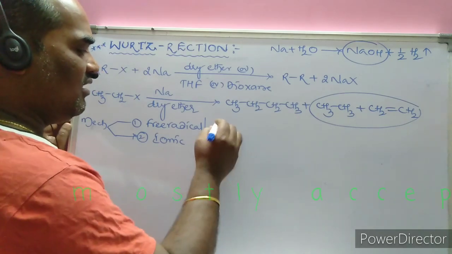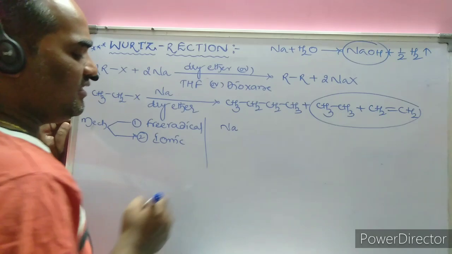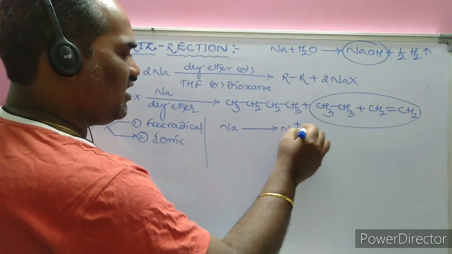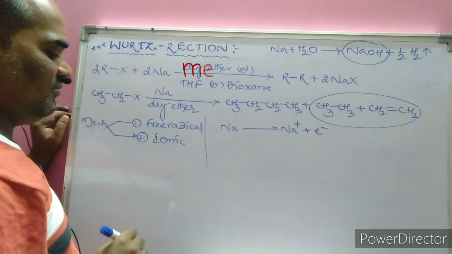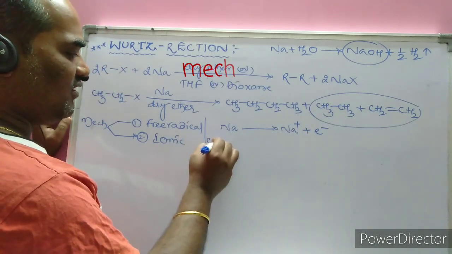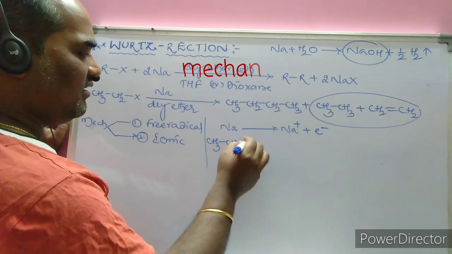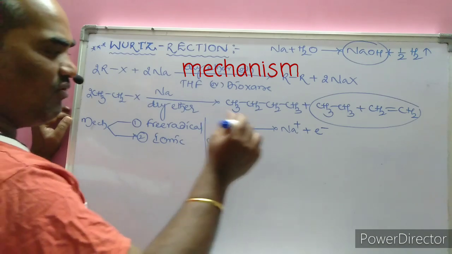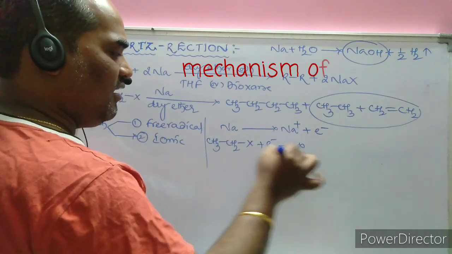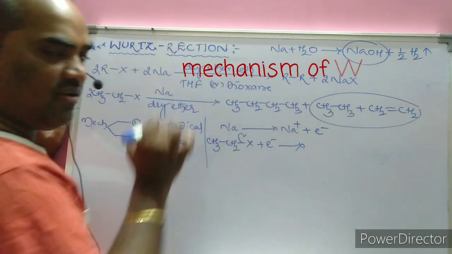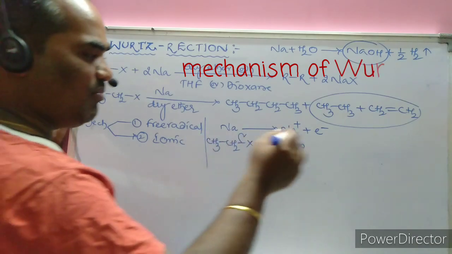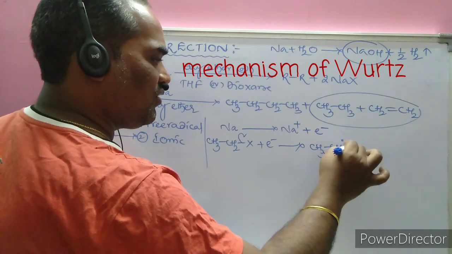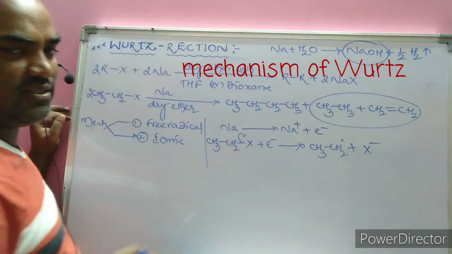As a result, Na loses its electron to get Na plus ion, and one electron comes out. Here 2 moles of reactant are taken. If 1 mole participates, it undergoes homolytic cleavage, that is, the equal breaking of the bond. As a result, it forms a CH3CH2 radical as well as X minus.